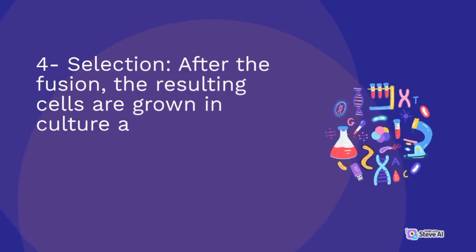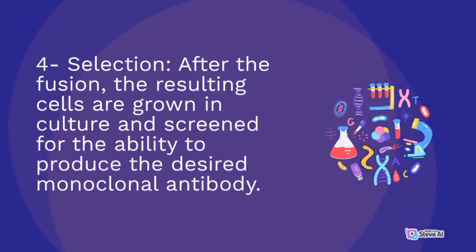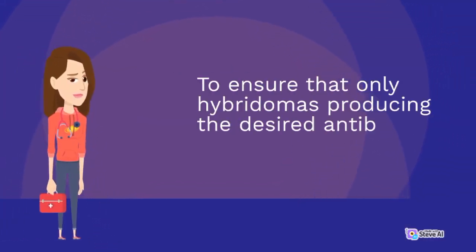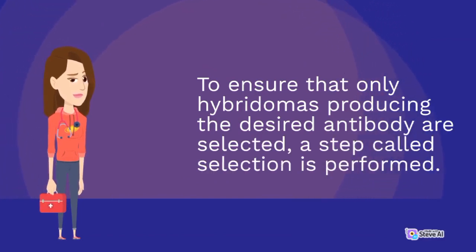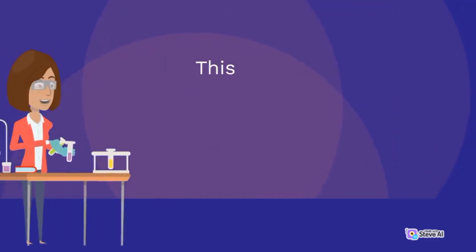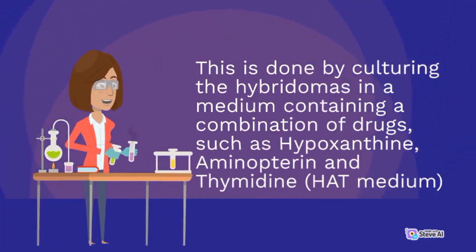4. Selection. After the fusion, the resulting cells are grown in culture and screened for the ability to produce the desired monoclonal antibody. To ensure that only hybridomas producing the desired antibody are selected, a step called selection is performed. This is done by culturing the hybridomas in a medium containing a combination of drugs, such as hypoxanthine, aminopterin and thymidine, HAT medium.